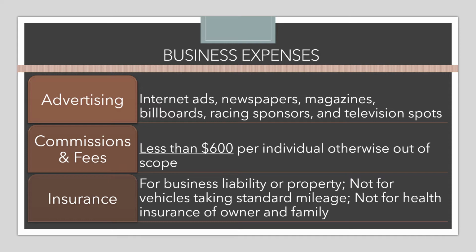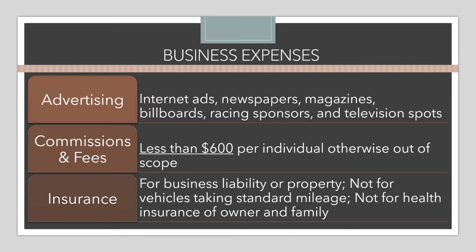So first of all is advertising, and that's pretty straightforward. It can include internet ads, newspapers, magazines, billboards, racing sponsors, television spots, anything to promote the business. Commissions and fees are deductible, but again, remember that for VITA, we are only looking at commissions and fees that were less than $600 per individual, per person that the business owner paid.